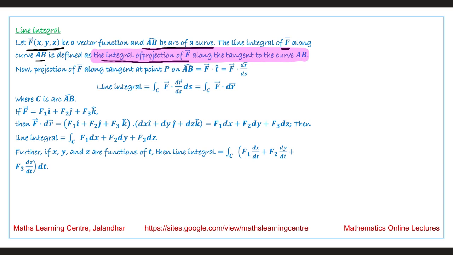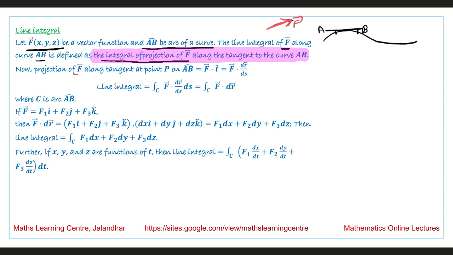So we are considering a curve. Suppose this is the curve, and this is the arc AB on it. Suppose we are talking about the tangent at this point P on AB, and this is the vector f vector that we have.